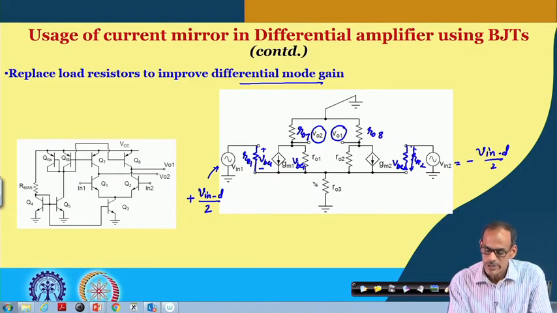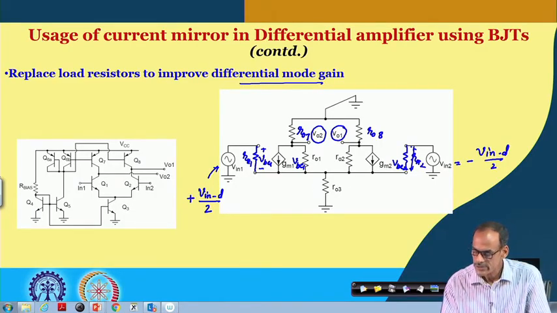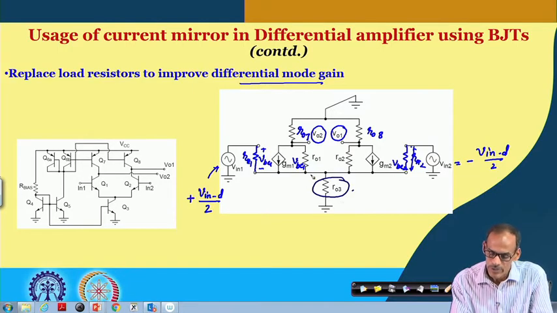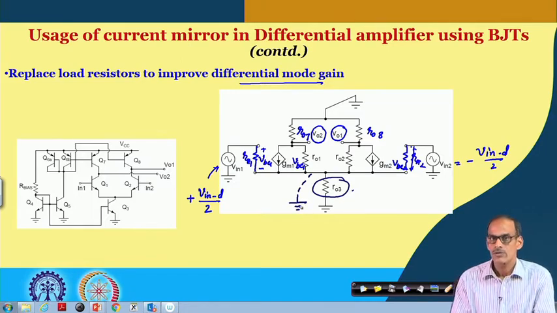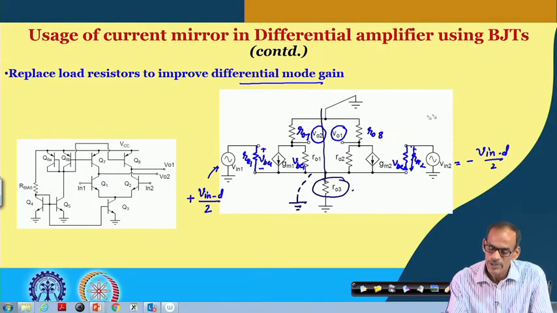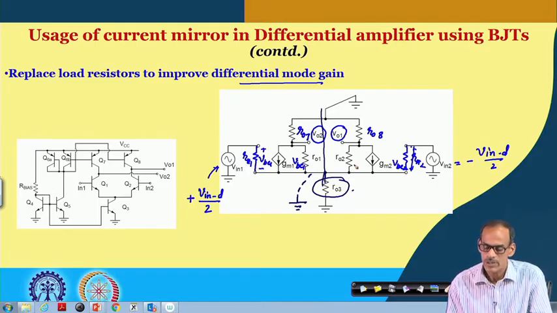And since left and right parts are identical, we can split this resistor. In fact, it is not necessary to split for a differential amplifier; rather this node becomes AC ground or virtual ground. That makes the left part and right part independent, without considering this RO 3.